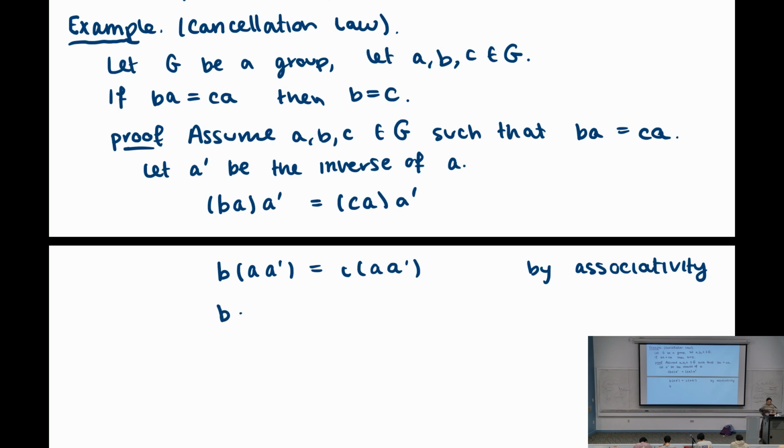So this is going to turn into B times E is equal to C times E, where E is the identity. And then since E is the identity, we can conclude that B is equal to C. And this is what we wanted to prove. So the proof is complete.